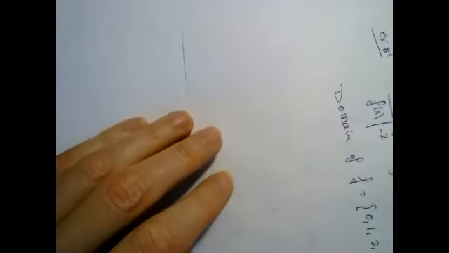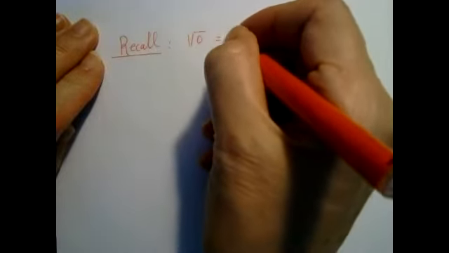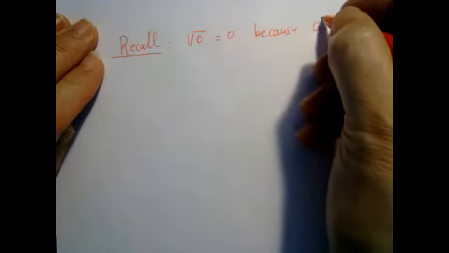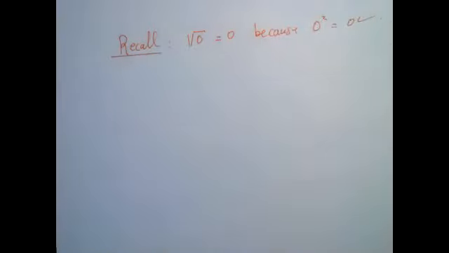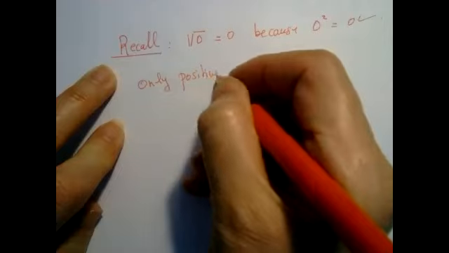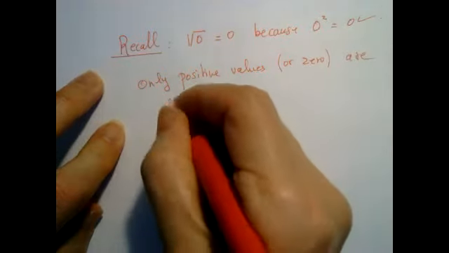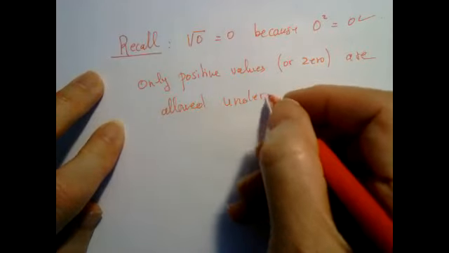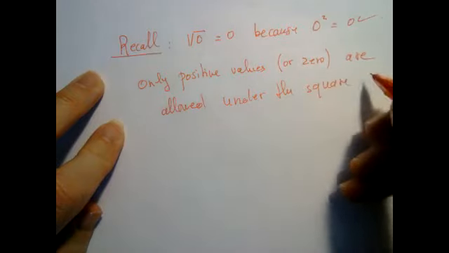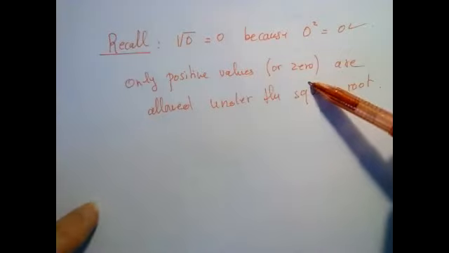And let me remind you, let us recall that the square root of 0 is 0, because if you take 0 and you square it, you get 0. And another important point: only positive values or the 0 value are allowed under the square root.